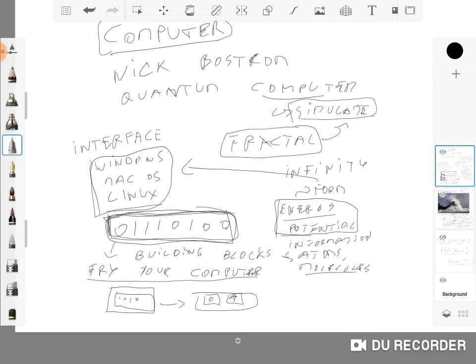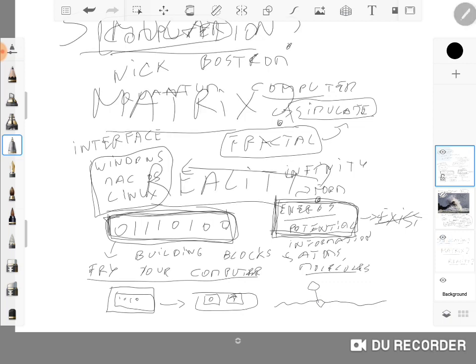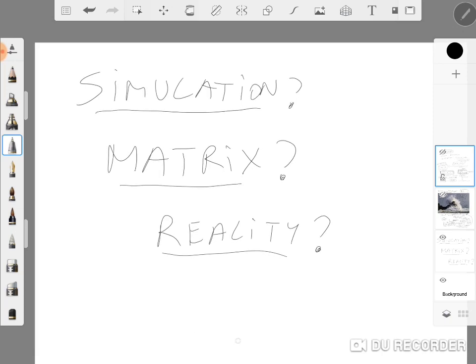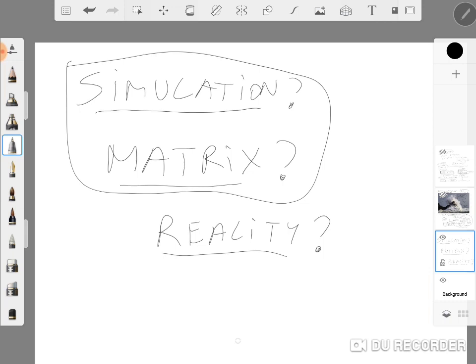And by the same token, if you could really see reality as it is, as pure energy and pure potential, then you would cease to exist. Just like a drop of water would lose all sense of boundaries once it enters into the ocean. So what I'm trying to say here is that the reason why we are in a simulation or matrix is for a good reason.